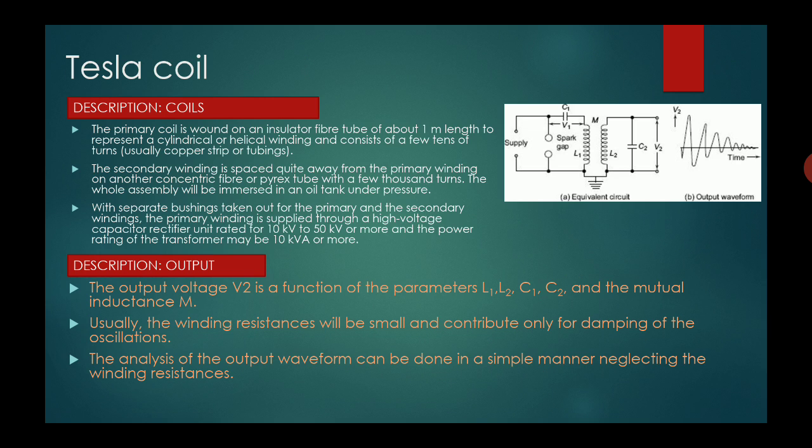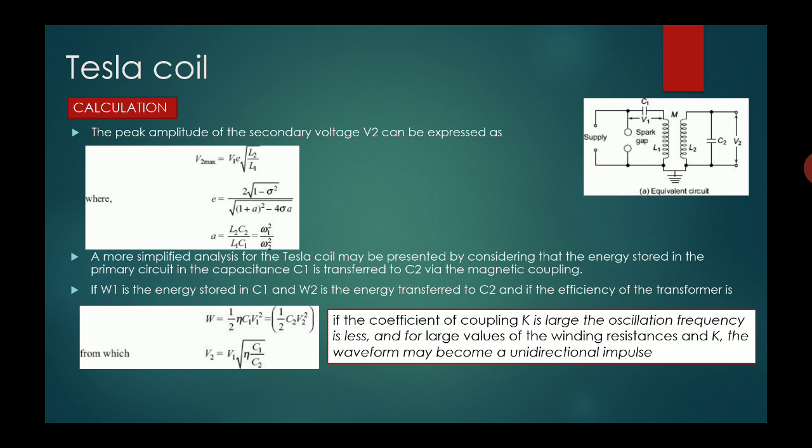Since we are talking about a resonant transformer, the output voltage will be a function of the inductance and capacitance in the circuit. We'll talk about the analysis in the next slide.